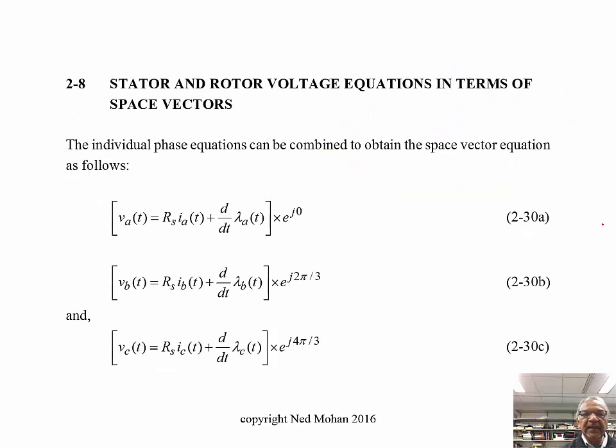And so the same thing we can do for voltages too. If you write the voltage for each phase, any phase, it's equal to the voltage drop across the resistance plus d lambda dt. So we write it for phase A, and then phase B, and phase C. And in order to get the space vector made up of these three voltages, we multiply them by individual axis orientation here, and then we add them up.